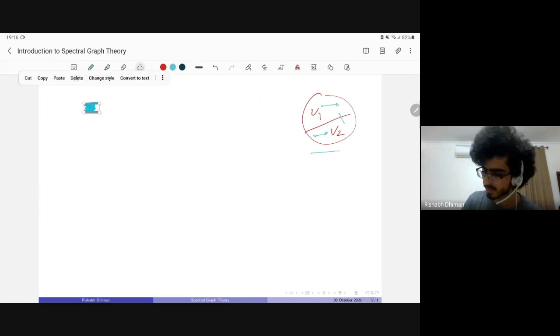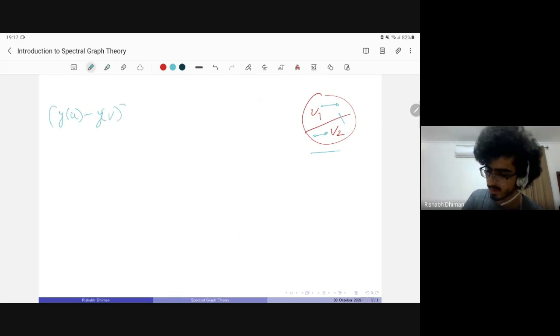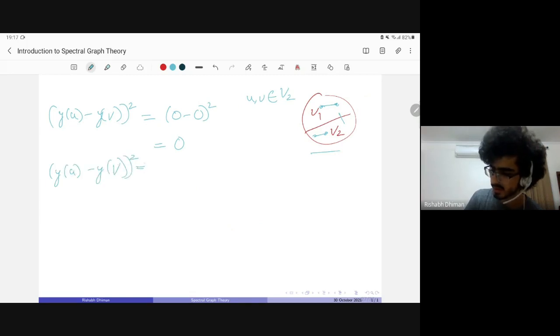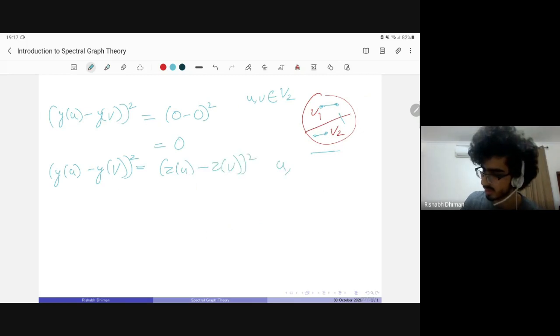So you consider y_u minus y_v squared. This will be 0 minus 0 squared for u, v both in V2, because that's how you defined y. This is 0. For the values which just stay in V1, this is nothing but z_u minus z_v squared, where both u and v lie in V1.